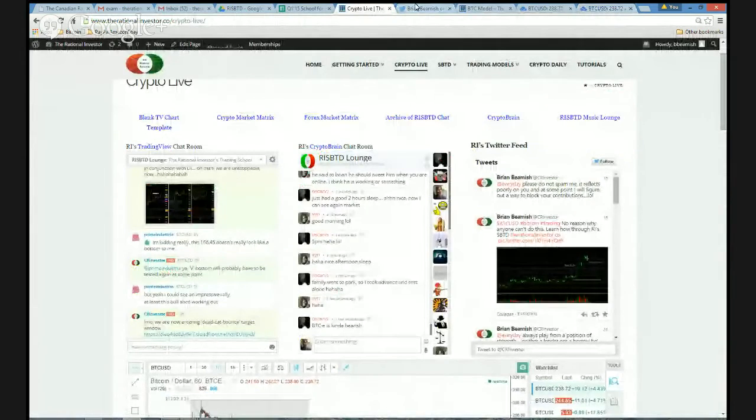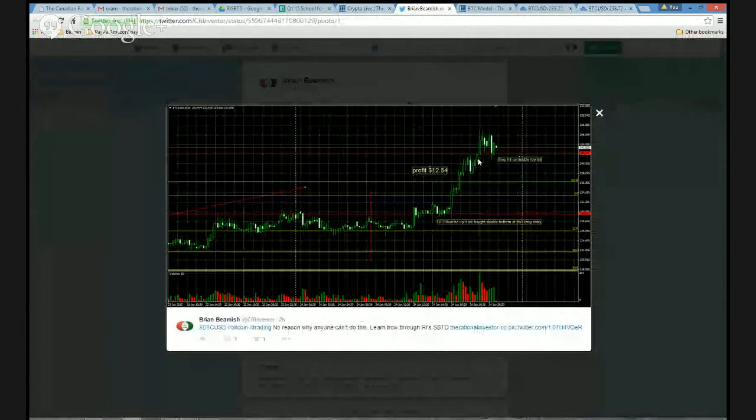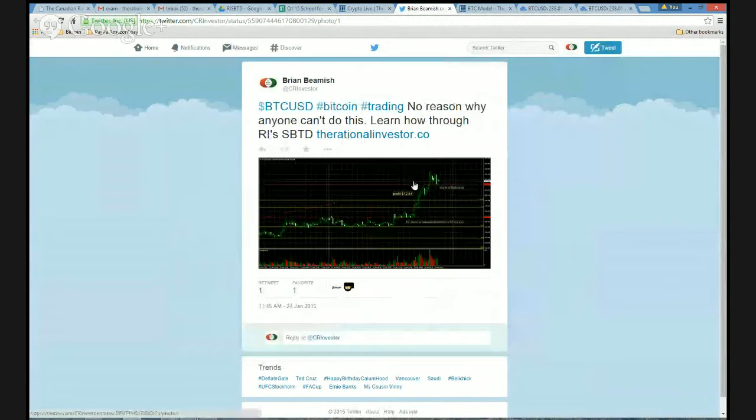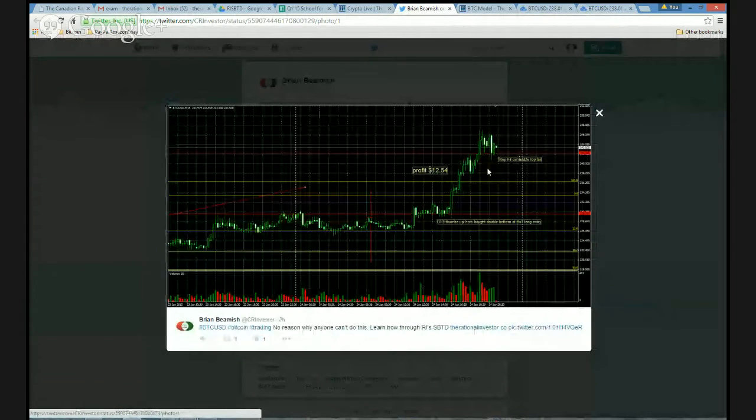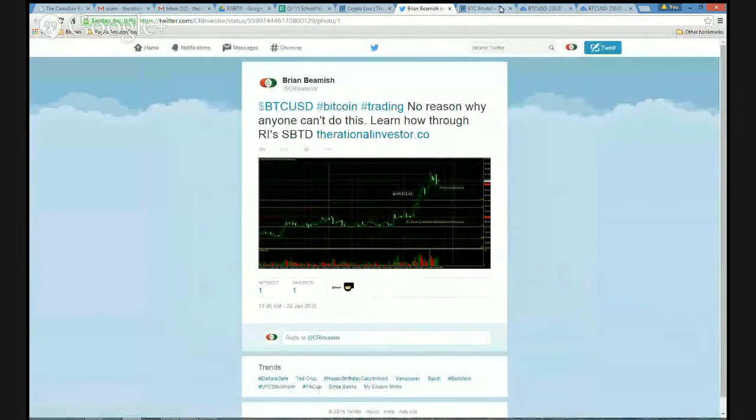So basically, that's what we did here. We had a nice little 15-minute double top, and so I said, if this thing fails at this 15-minute level, get me out. And sure enough, we're stopped out. So the net result, as you can see, a nice little $12.54 profit for like a 10-hour trade. You know, not bad at all.